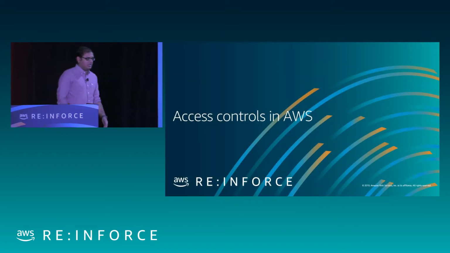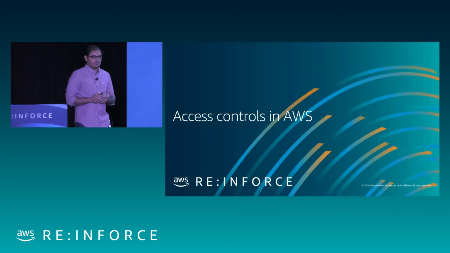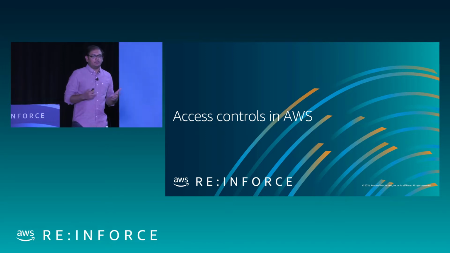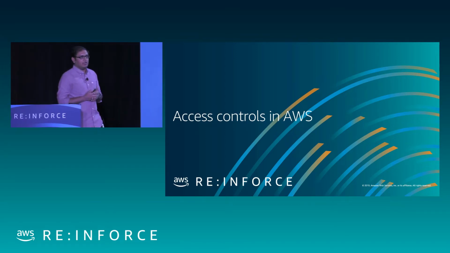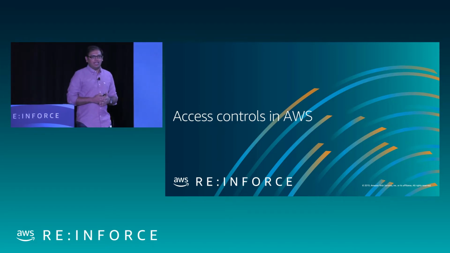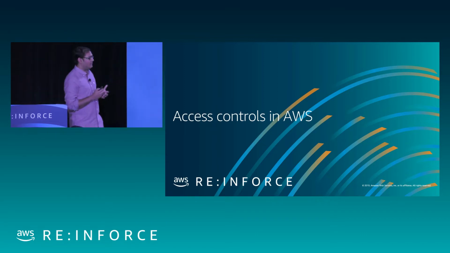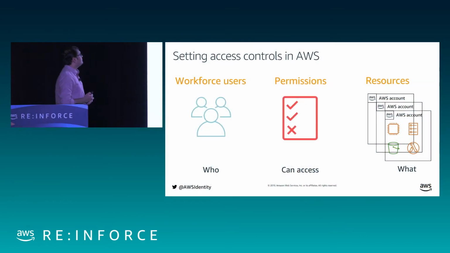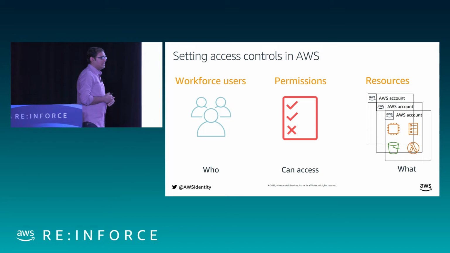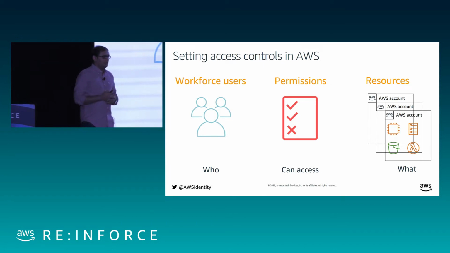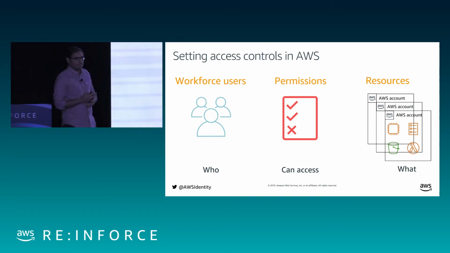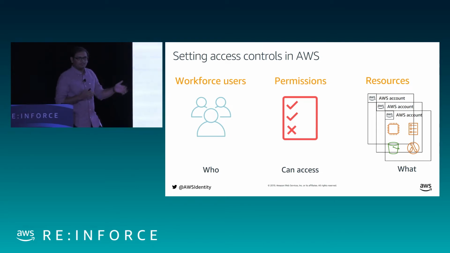All right, so let's start by talking about access controls in AWS. There are a lot of different access controls in AWS. For this session, I'm going to be specifically talking about access controls from the IAM perspective. Basically, everything we do in the IAM space boils down to 4 words.